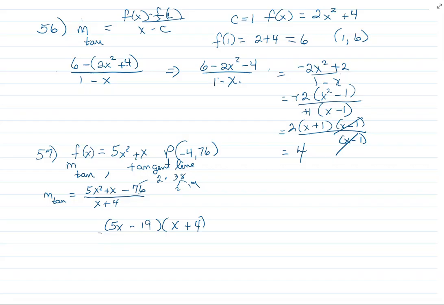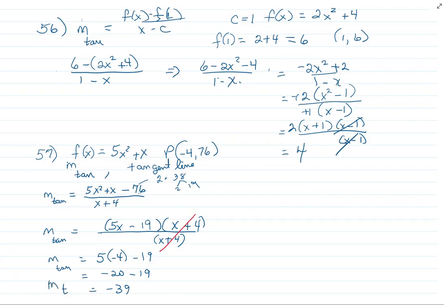Okay, so now I've got, this is my tangent slope. I'm going to insert my negative 4. I got a negative 39. Did y'all get a negative 39? Are we good? Yeah, it is.